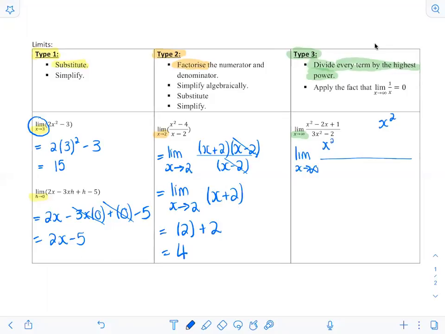So x squared divided by x squared. And I do each term by itself and in the denominator. Now I'm going to simplify. I'm not substituting anything yet, so I keep the limit symbol.